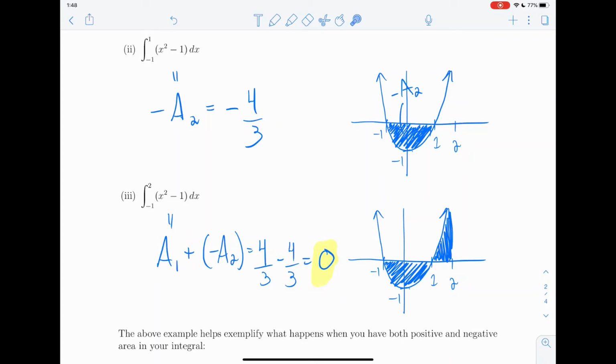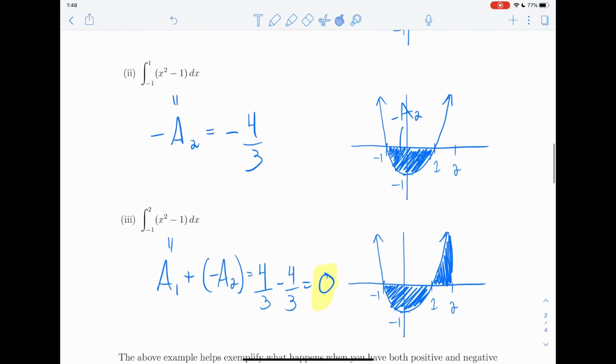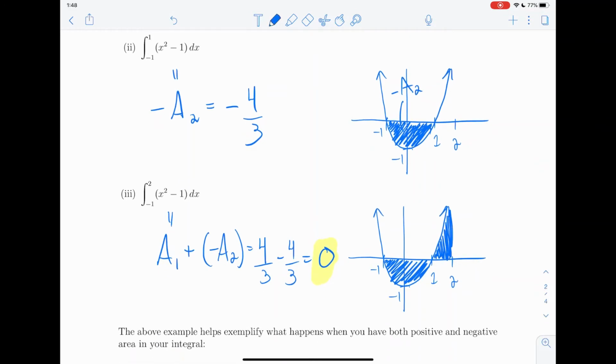Whereas, it might be worth noting that if I wanted to compute the total area, not the integral, but the total area, it would actually be 4/3 plus 4/3, which is going to be 8/3.